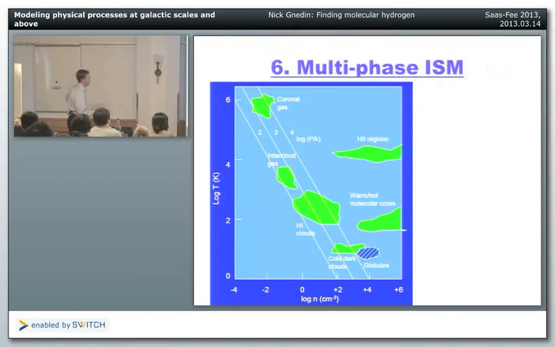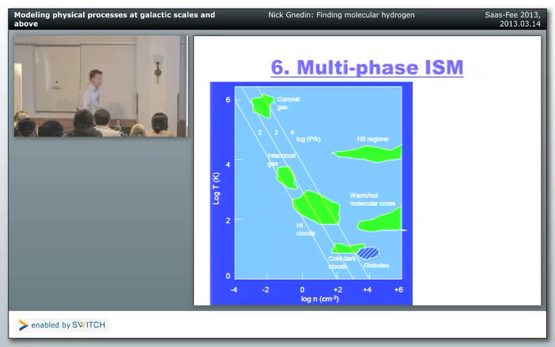First of all, this is a cartoon of the multi-phase ISM. Ralph talked about this more quantitatively, just taken from an undergraduate textbook. You have density, you have temperature, you have different phases such as hot coronal gas, normal warm neutral medium, right? This cold neutral medium, molecular gas, etc., H2 regions.